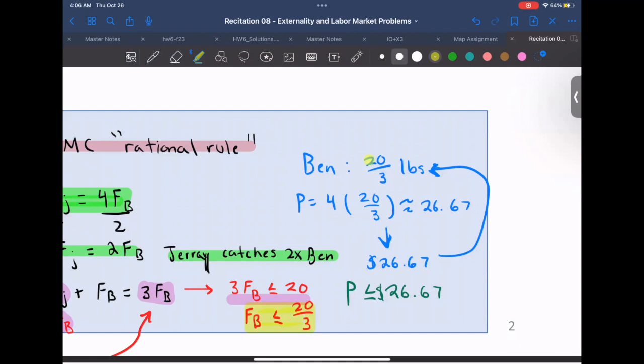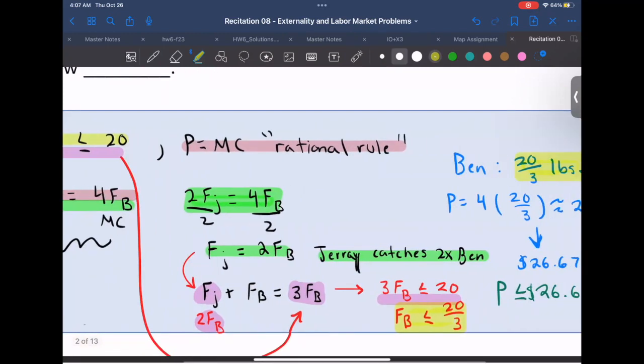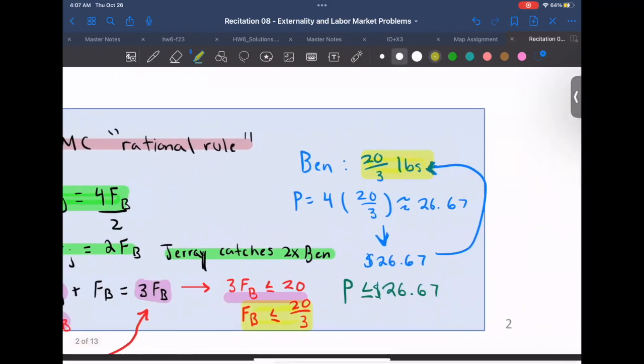So now that we have this number, we figure out what price would motivate Ben to catch 20 pounds of fish. Well, that's simple. All we do is we get the marginal cost of Ben, which is 4FB, set it equal to our price, and we substitute our pounds, and that gives us a price of $26.67.